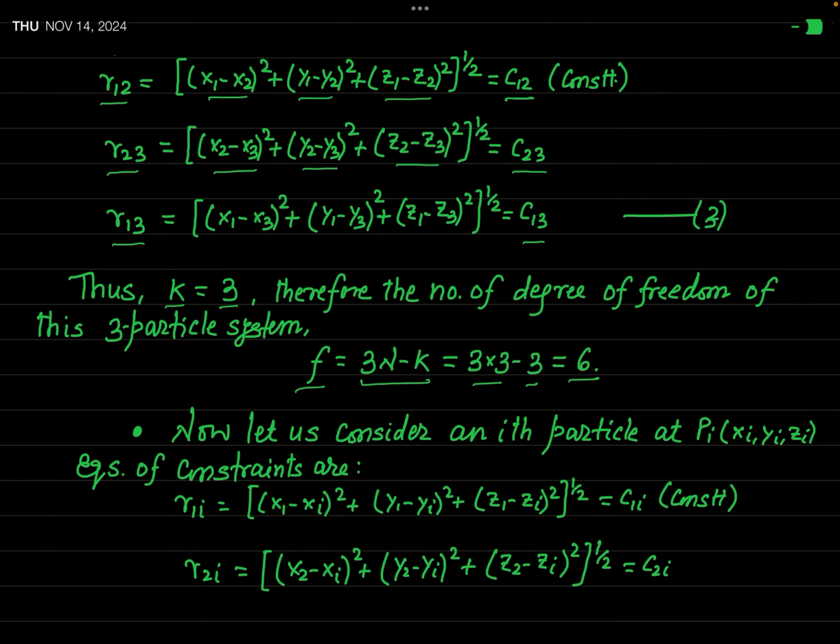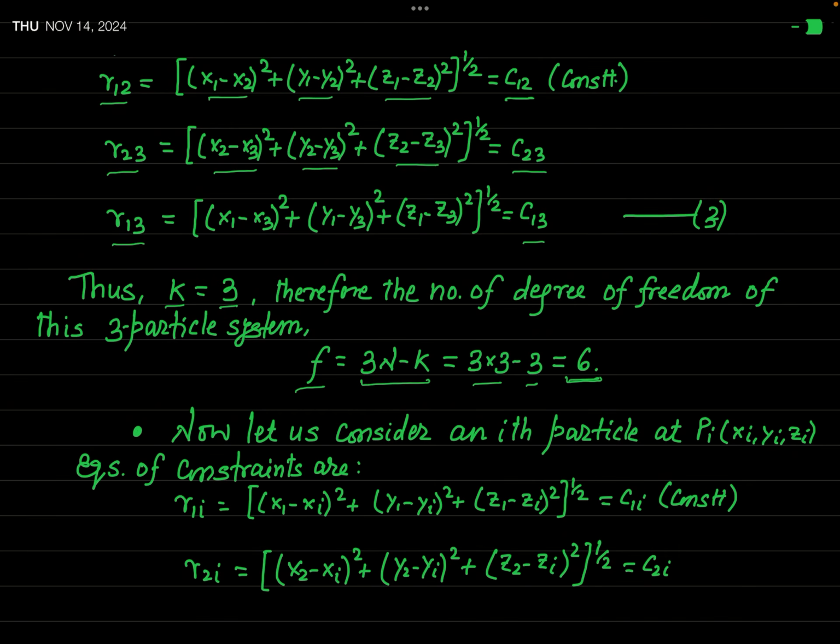So in this way you can see that if we consider a system of 3 non-collinear particles of a rigid body, then the degrees of freedom will be equal to 6. Okay. But one can think a rigid body does not contain only 3 particles. There is a large number of particles in a rigid body.